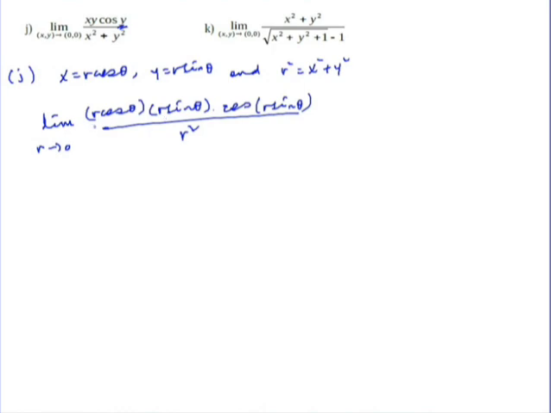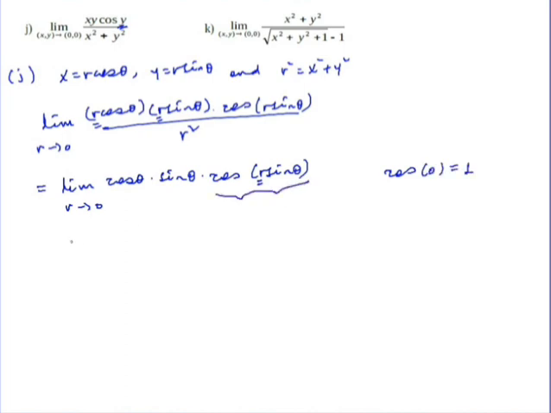So ይሄ ምን ይሆናል ማለት ነው? r times r square ስለሆነ r square ይጠፋፋና ምን ይኖረናል? The limit of cos theta times sin theta times cosine of r sin theta as r approaches 0. Okay, አሁን በr ቦታ 0 መተካት ይቻላል. Cosine of 0 ደግሞ 1 ስለሆነ ይሄ ሪዛልት 1 ይሆናል ማለት ነው.